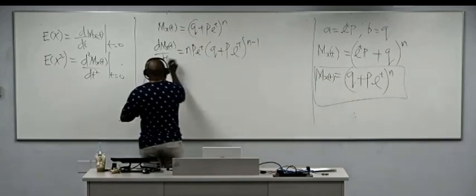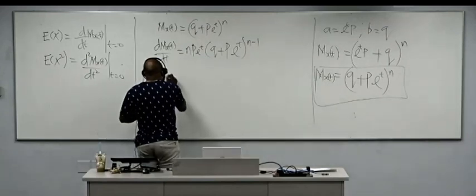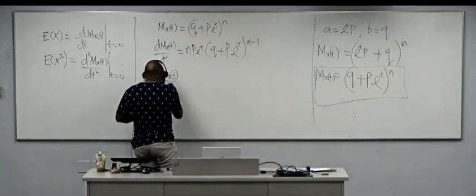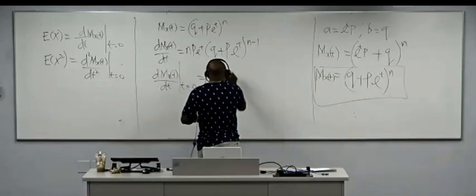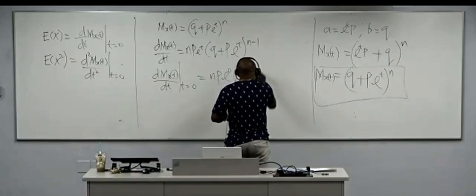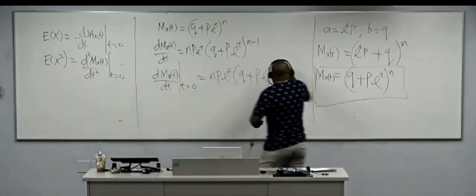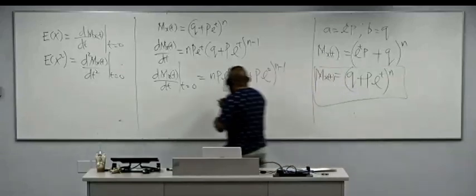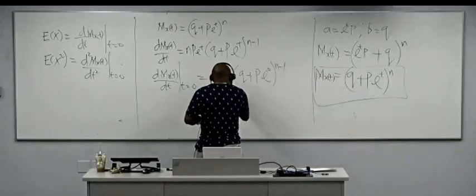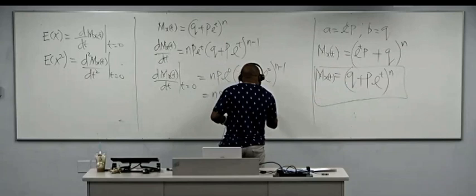Now dM_X(t)/dt with t equal to 0: n p e raised to power 0 times q plus this e raised to power 0 times this. Look at that. What do I have? This is 1, q plus p.